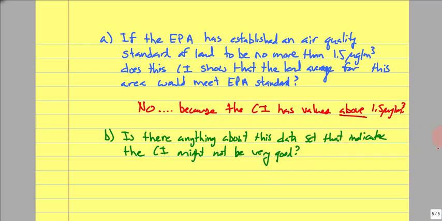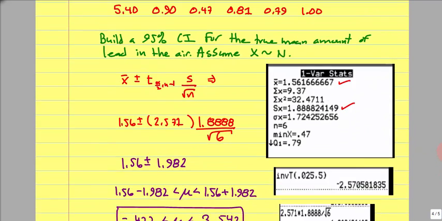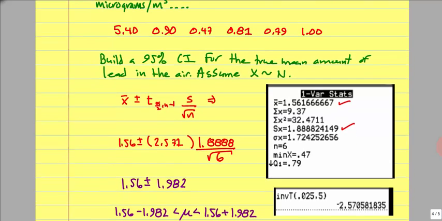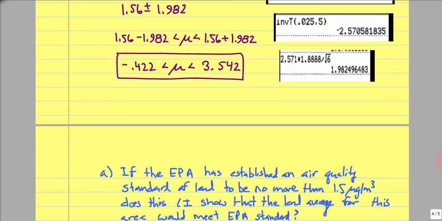Well, if we think about it, let's go ahead and scroll back up to our original data. All of these data points are fairly tightly clustered. The 0.47 is a little bit low, but they're fairly tightly clustered. But this 5.40 is an outlier. It's very extreme. So because of that outlier, we kind of have a skewed distribution here of my sample.